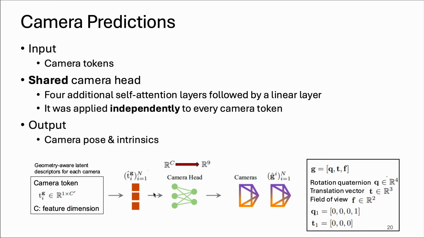They are all independently fed. This stack only means that, maybe to save time, they have a parallel calculation, but they are all independent. No one attends to anything else at this stage. So this camera head is a simple mapping from a C-dimensional vector to a single 9-dimensional vector. This vector is what we need, which are rotation, translation, and field of view, a list of the camera parameters.